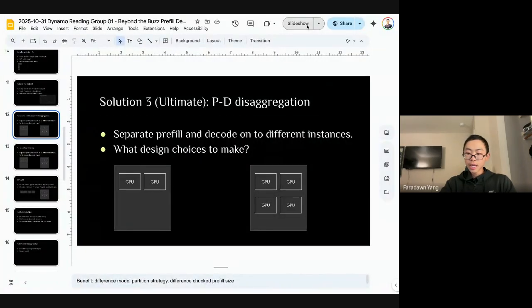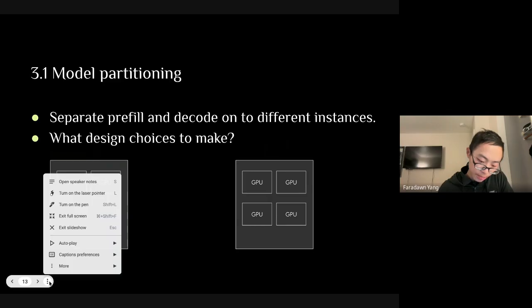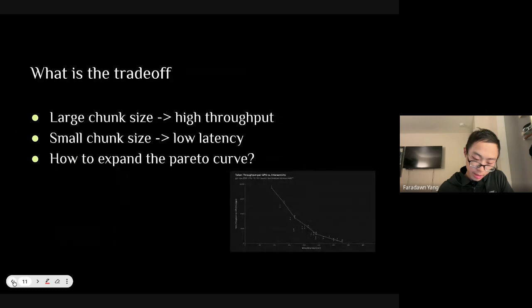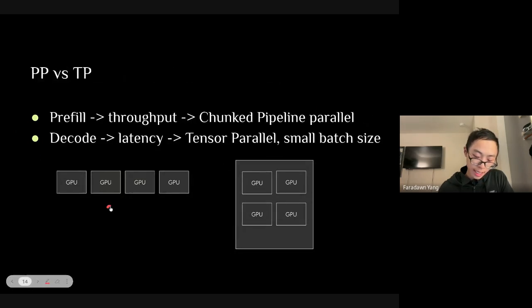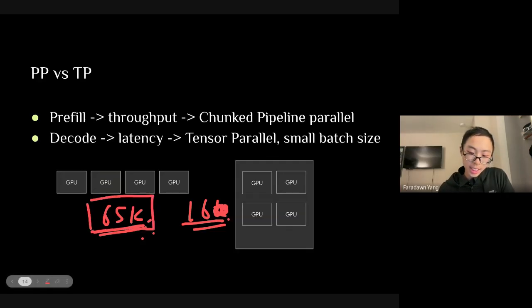A big batch, say, is like 65K tokens in this batch, whereas a small batch will be 16 tokens. So in prefill, we want a very huge batch. This way, GPU utilization is high.